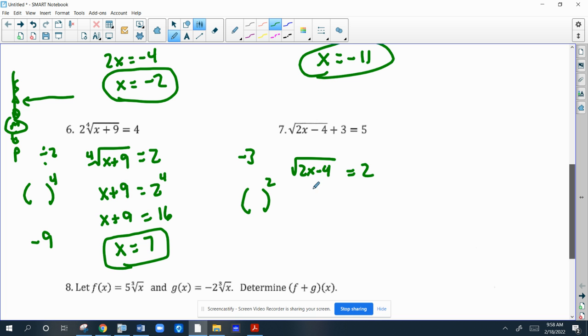So when you square the square root, it just eliminates the square root. And when you square 2, that will become 4. Now I'm going to add 4. And finally, I'm going to divide by 2. And I'm left with x equals 4. So that's that.